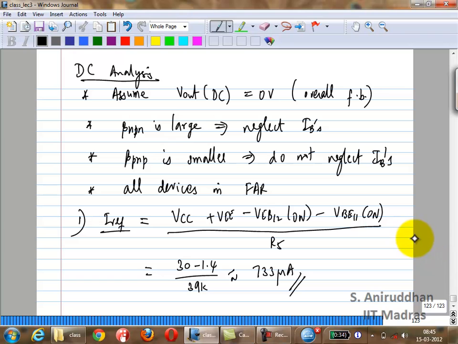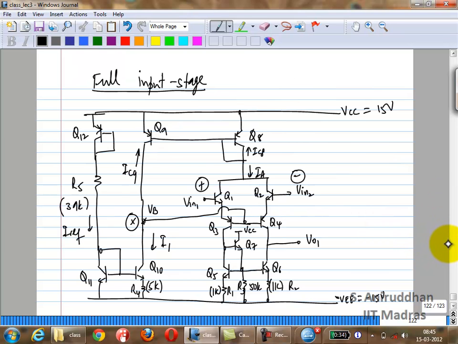Okay. So then next step, to go here and calculate I1. Okay. Again, we are going to assume that there is no base current through these NPNs. Now you can write an equation, we are going to assume that means IREF flows through Q11. You need to find out. How do you find this out?